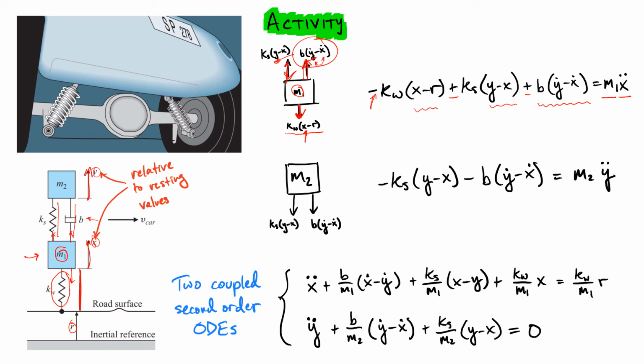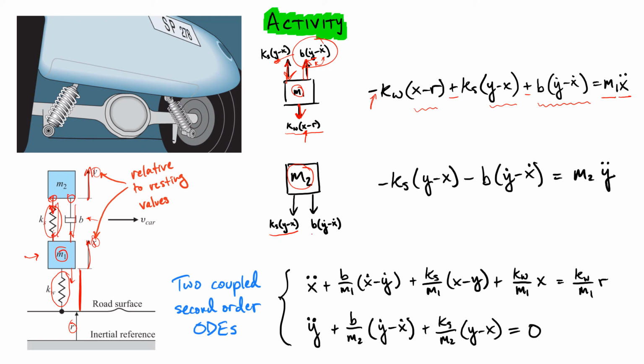Similarly, you can write your free body diagram for mass 2. In this case, it just has the two forces that are attached at the base here. I'm going to write it using the same term, so it's Ks times y minus x. Here I've placed the arrow going down because as y gets bigger, that's going to stretch this spring and pull the block back down.